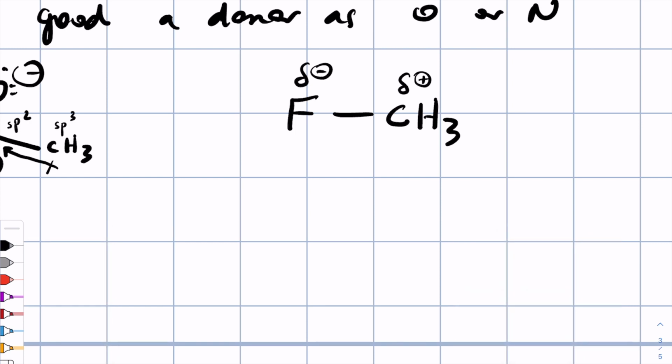And we framed that in terms of fluorine pulling electron density away from the carbon, right? And we viewed that mostly as because fluorine is more electronegative than carbon. But it's also true that carbon is more willing to let go of electrons than is fluorine.